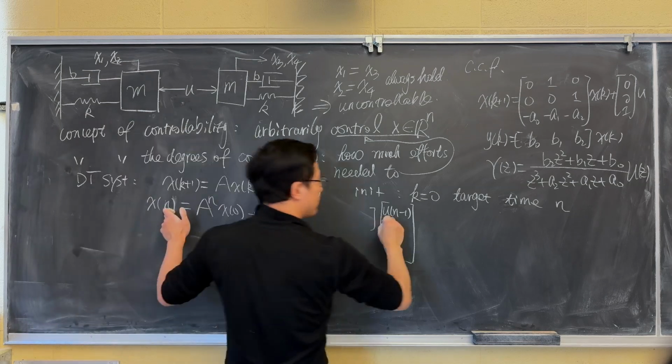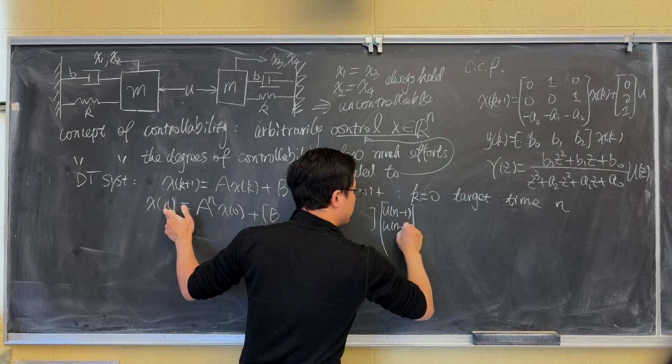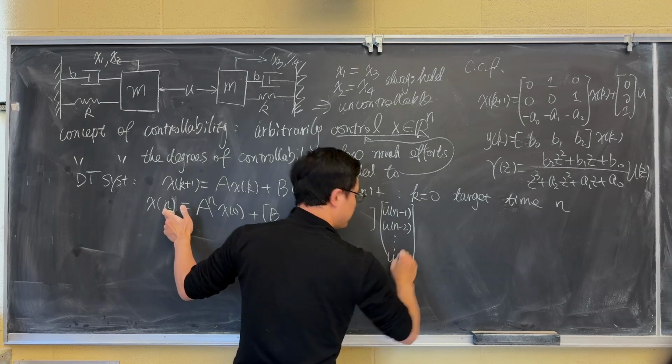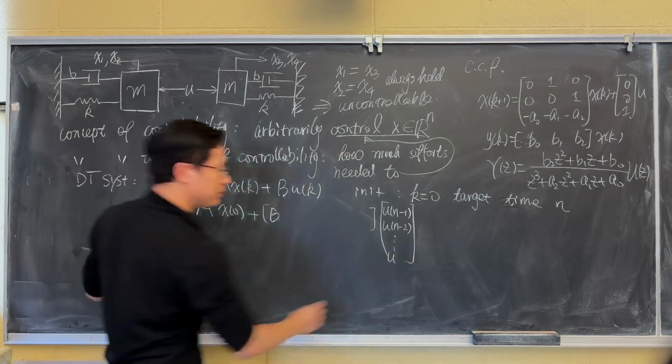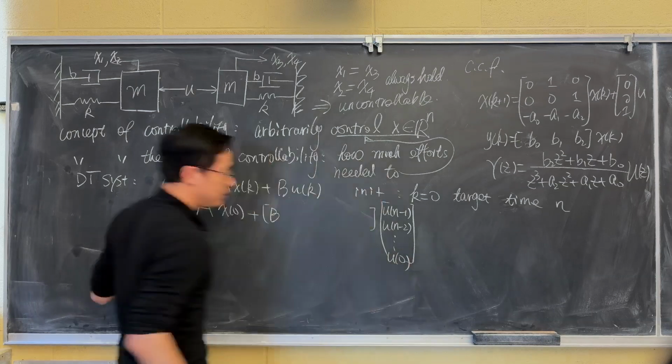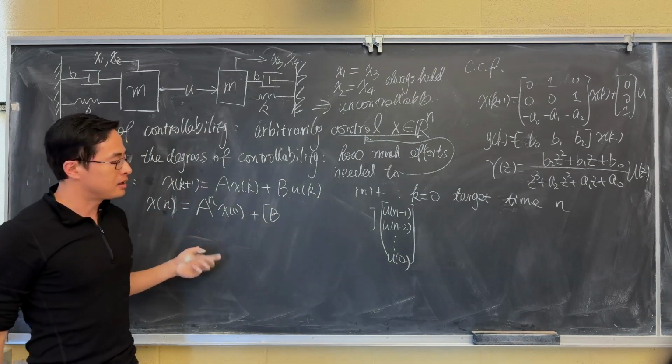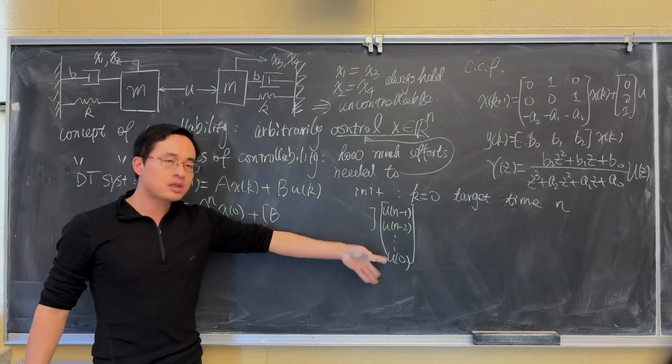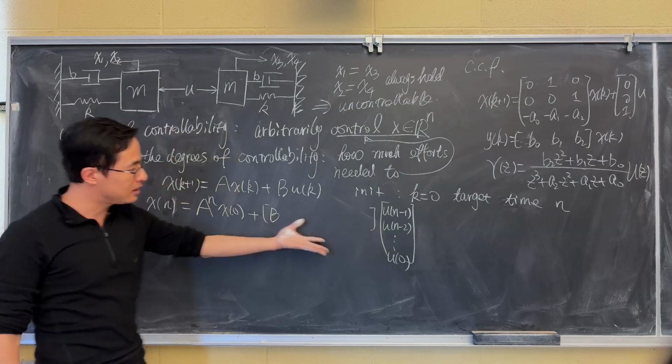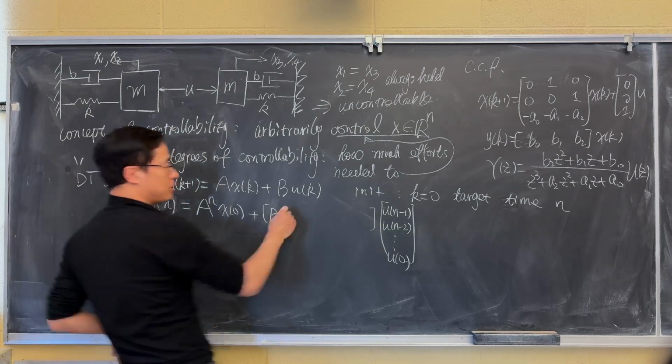So you're going to have a bunch of previous inputs appearing here until the start of the time. So for a dynamic system, all the previous inputs matter, and they go into the state equation.